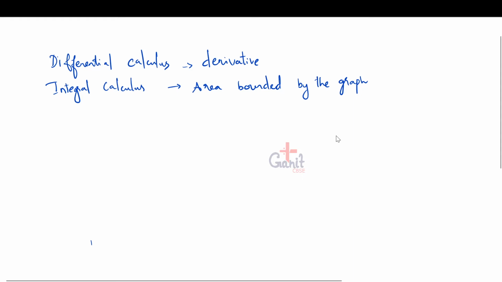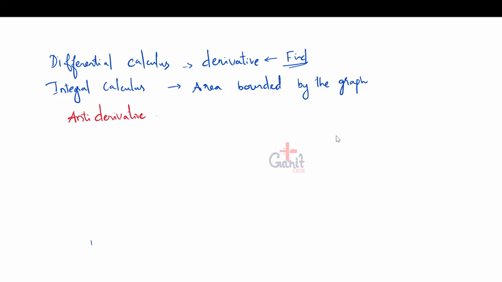So when we find the derivative, it is differentiation. When we find the antiderivative, it is integration. So the process of finding the derivative is differentiation, and the process of finding the antiderivative is integration.